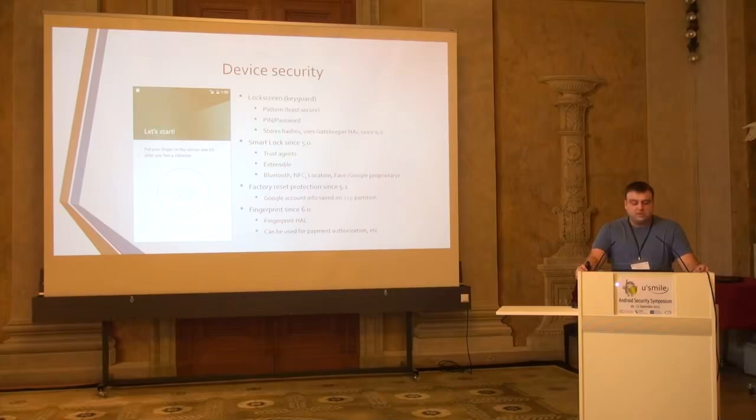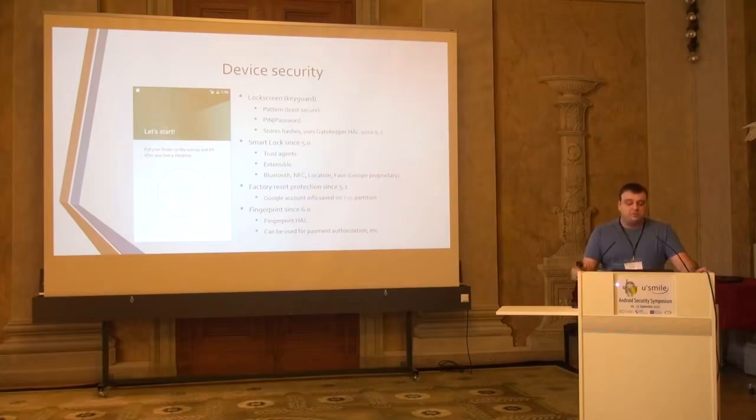Of course, since 5.0, we have smart lock, which is basically a brand name for trust agents, which are components which, based on some environment factor, can change the state of the device, locked or unlocked. It's extensible, it's pluggable.